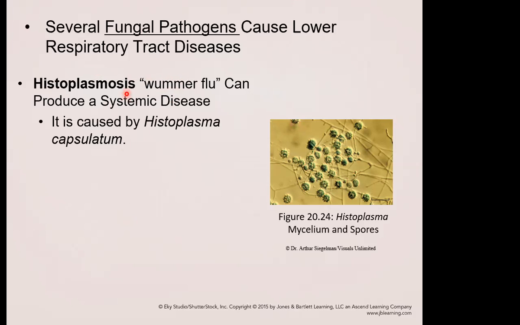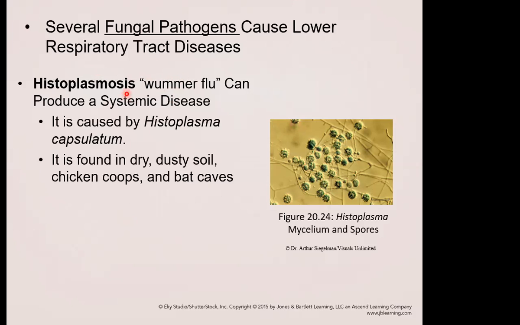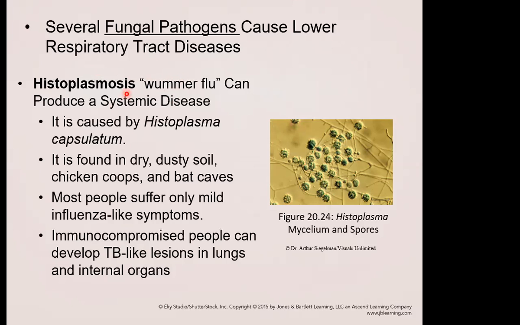So histoplasmosis. If you're working in chicken coops, going through a bat cave, you can get this from these organisms. I assume it's in their feces. And so this is really dangerous for people who are immunocompromised.